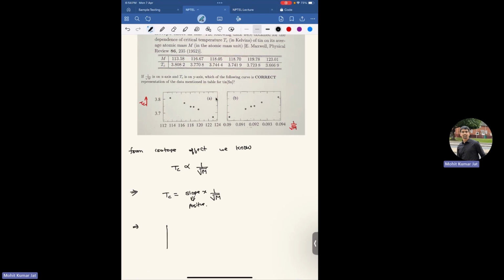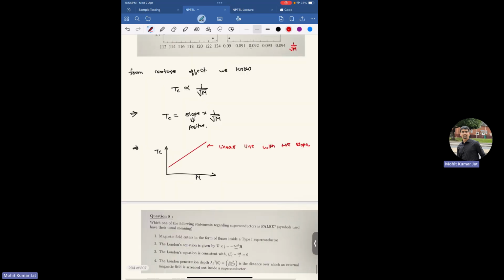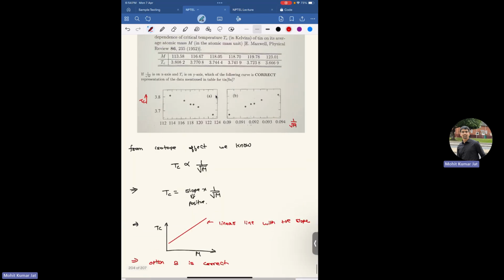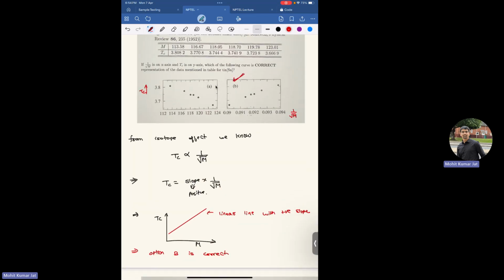This implies if I plot Tc against 1 by root m, it will be a linear line with positive slope. This implies option B is correct. Figure B.